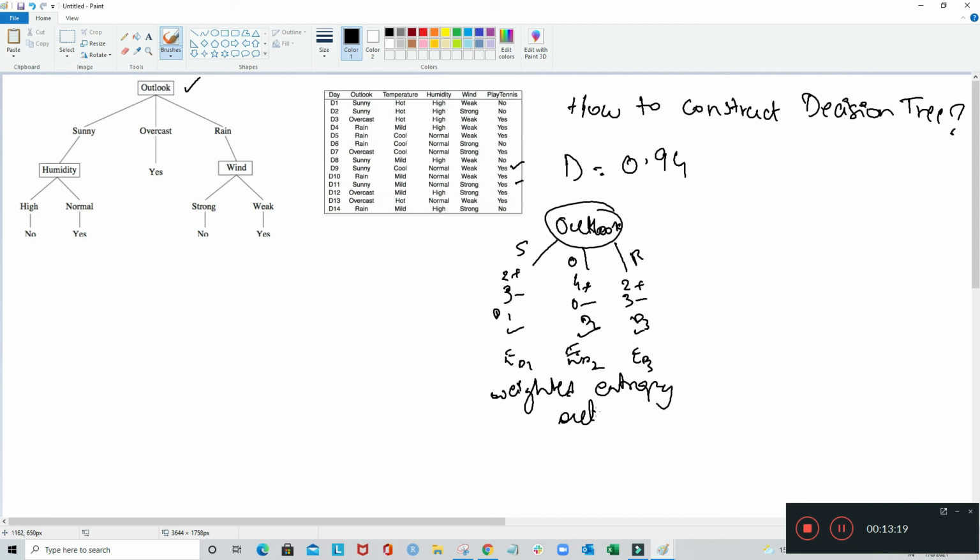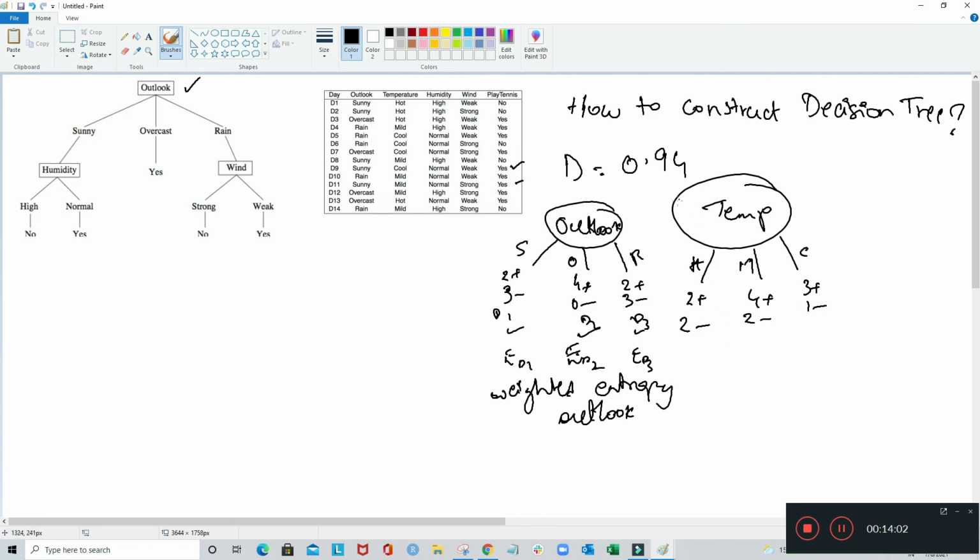for the outlook feature. Similarly, for temperature, we again calculate the entropy. For temperature, we know it's hot, mild, and cold. When it's hot, we have two positive and two negative. When it is mild, we have four positive and two negative. And when it's cold, we have three positive and one negative.